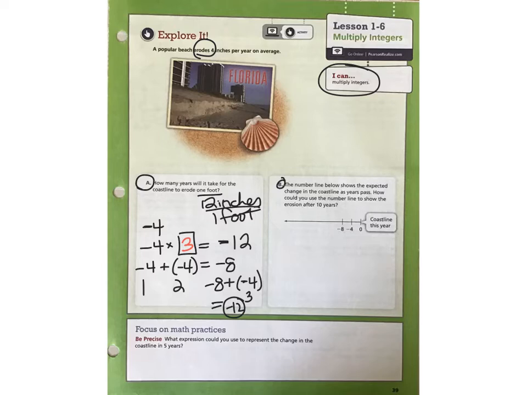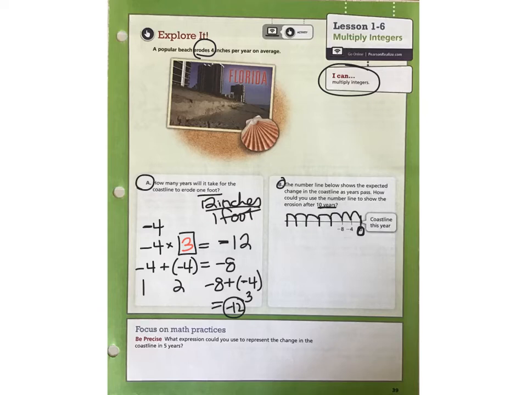Now take a look at part B. The number line below shows the expected change in the coastline as years pass. How could you use the number line to show the erosion after 10 years? Well, if 0 represents the coastline this year, then we could repeatedly add groups of -4 until we got 10 years down the road.